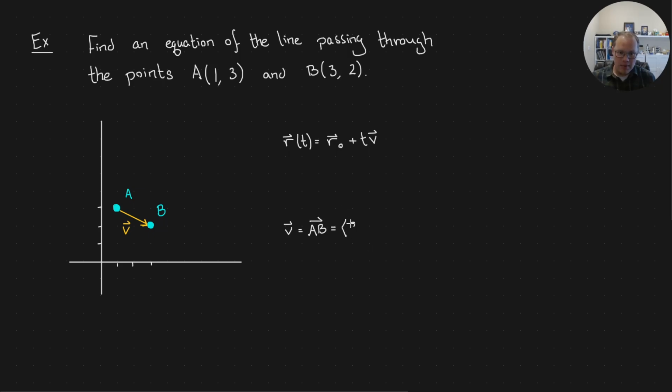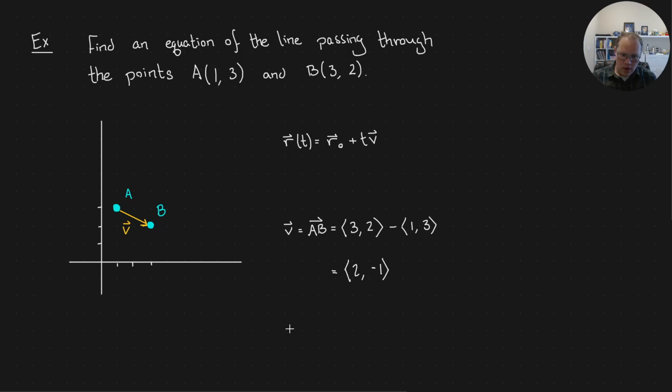So I end up at B, that's (3, 2). I subtract the point I start off from, that's point A, (1, 3). If I subtract them, I get 3 minus 1, that's 2, and 2 minus 3, that's negative 1. Okay, we have our direction vector.